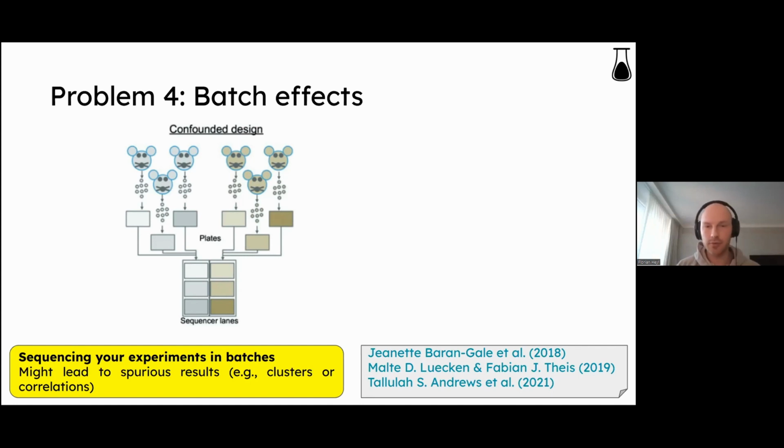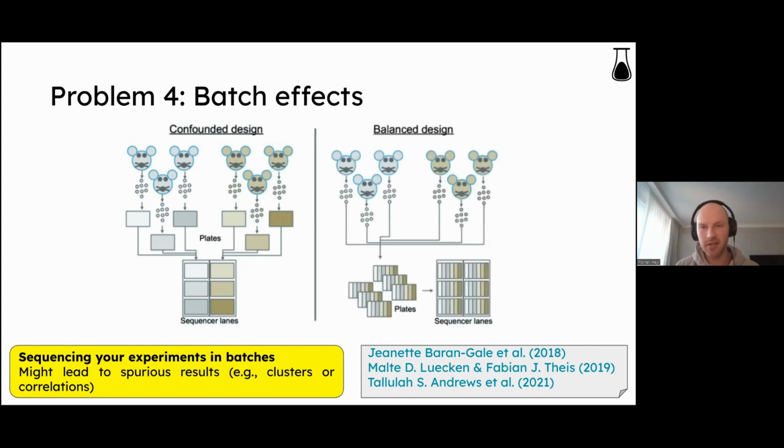So therefore, you create a really heavy batch bias. And on the right side, you see an example for a balanced design, where it's better actually to take the cells and now you scatter them.